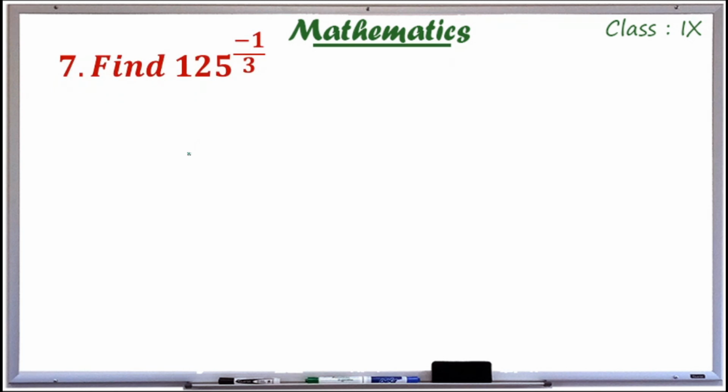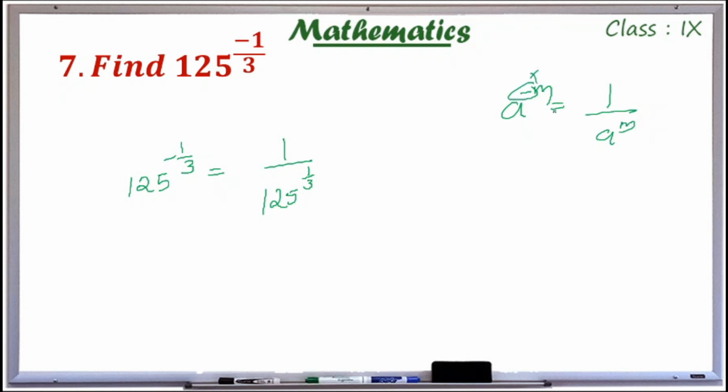125 raised to minus 1 by 3. I can write it as 1 by 125 raised to 1 by 3. A raised to minus m is equal to 1 by a raised to m. So in order to cancel this minus, just write it in the denominator.